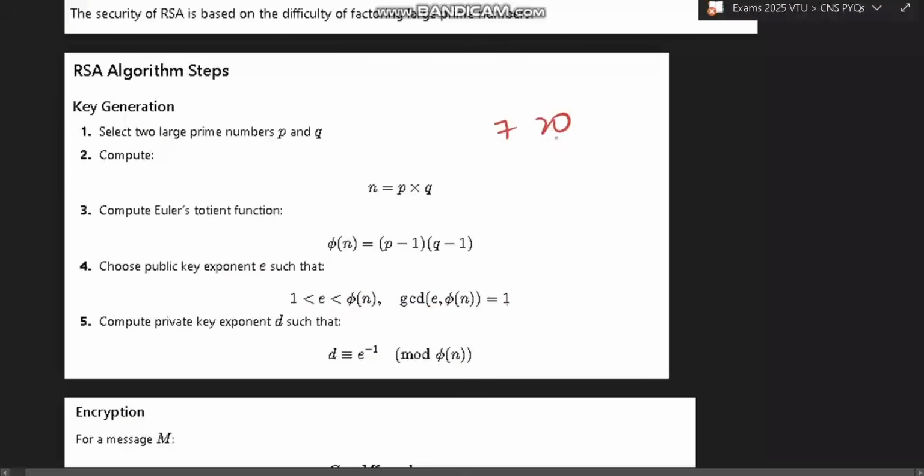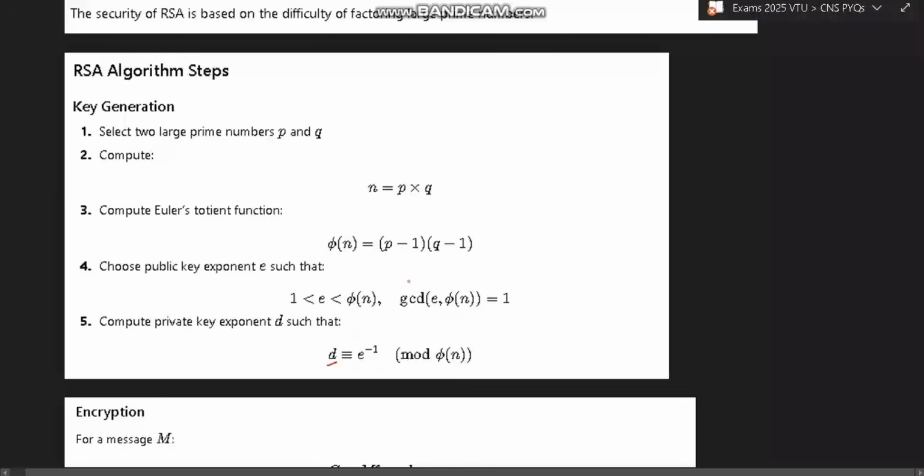So that kind of e we have to select, in between 1 and phi of n. Now compute the private key exponent d such that d is equal to e inverse mod phi of n. What does this mean? I'll explain using an example.